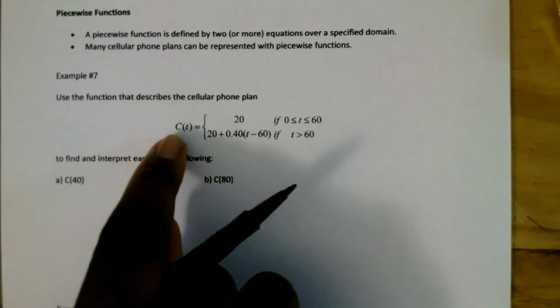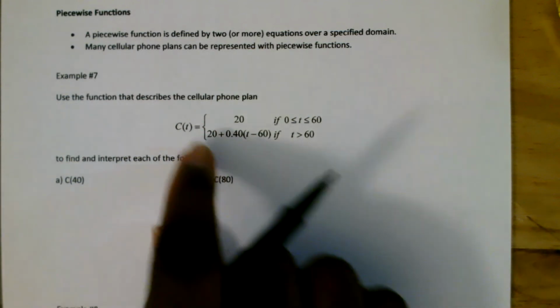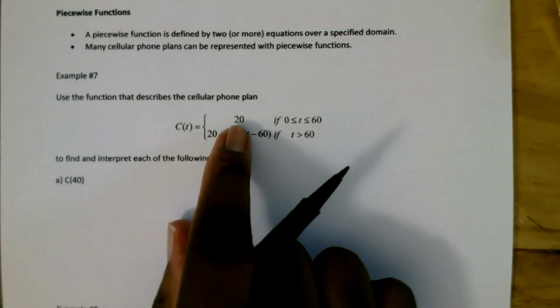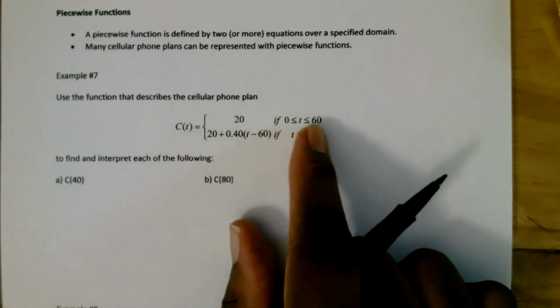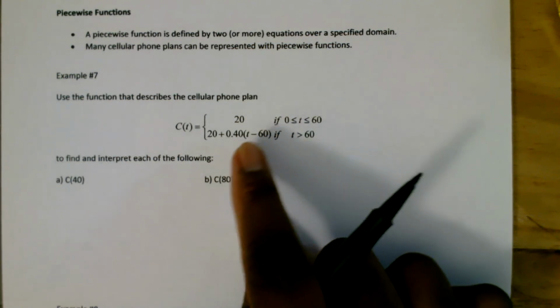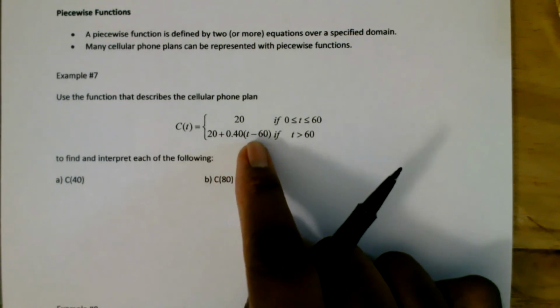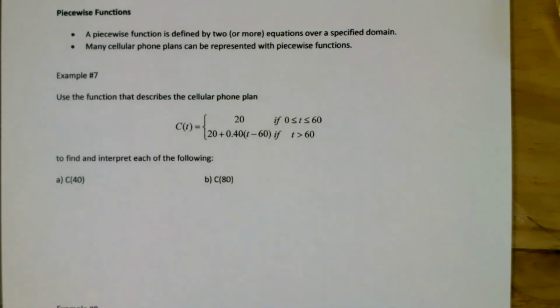All right, in example 7 here, this describes a cellular phone plan where C of t is equal to 20, and we only use that if your t, which is the time, is between 0 and 60 inclusive, or 20 plus 0.40 times the quantity t minus 60 if your t is greater than 60.